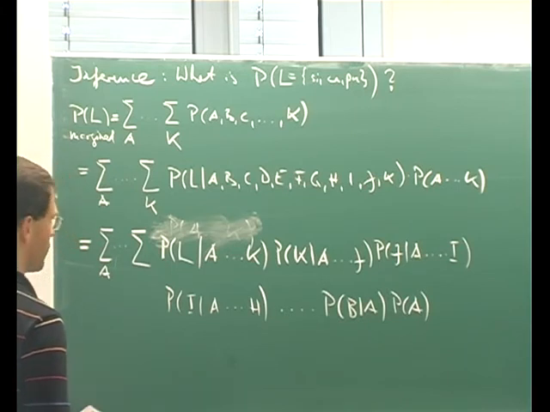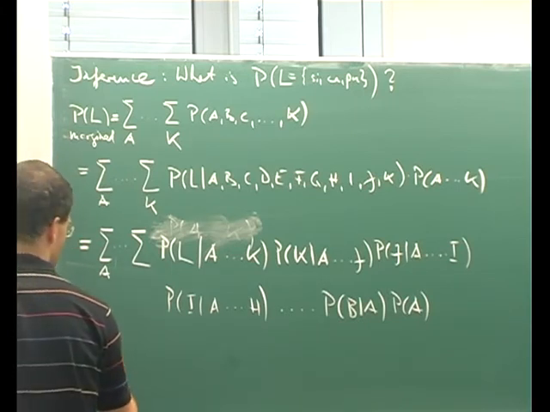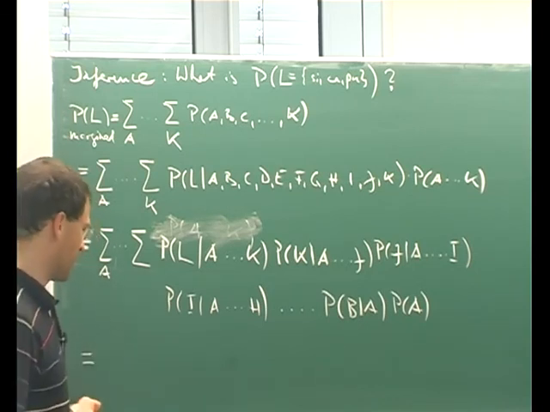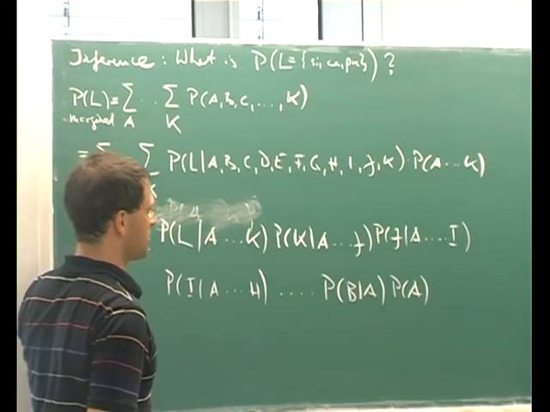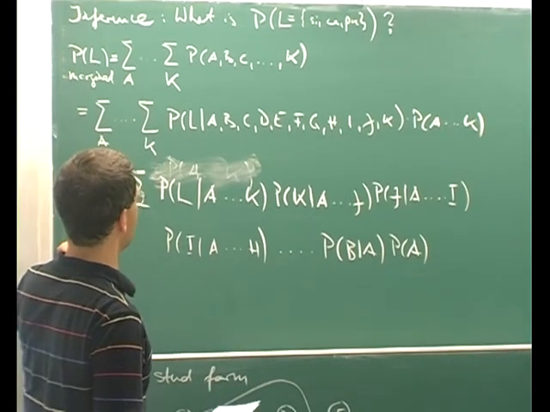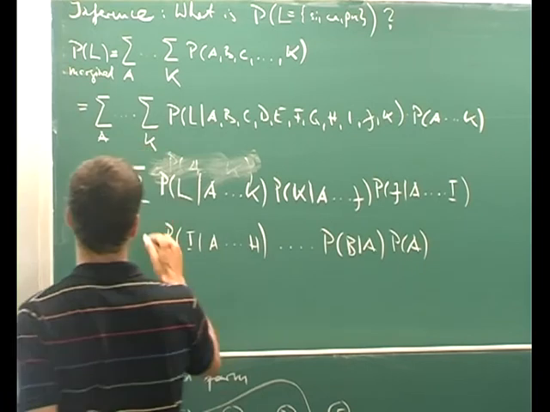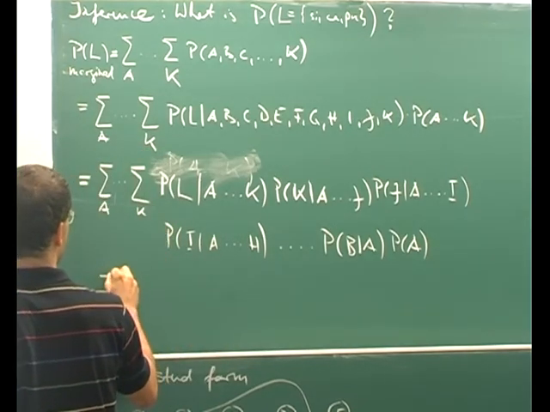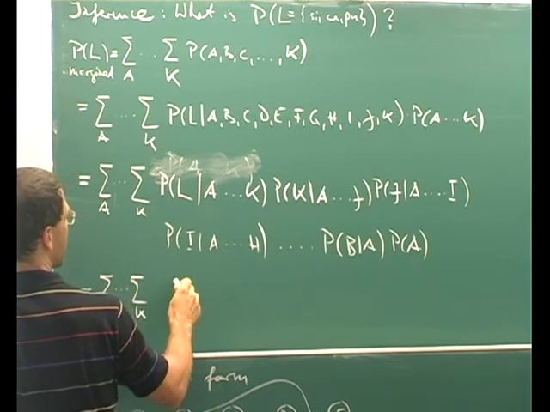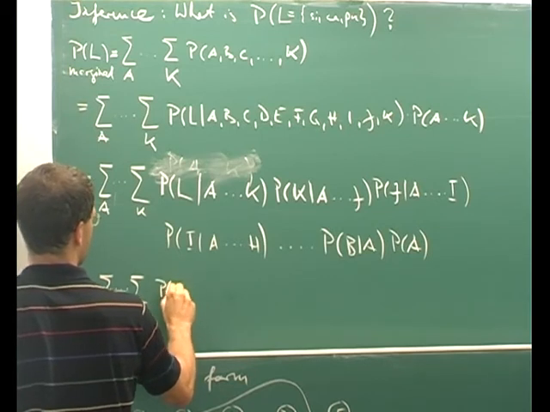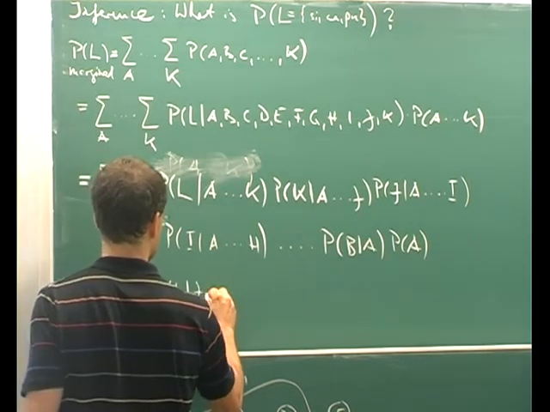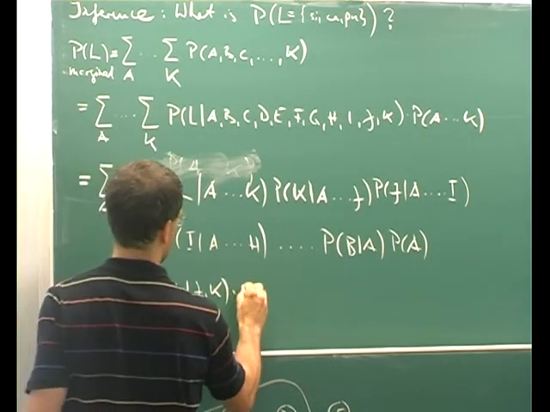But we can do much better if we assume these conditional independence relations. And this is why this notion of d-separation and so on is important, because now I can simply write that this is the summation of A up to K of, so for example, L depends only on J and K and not on all the others.